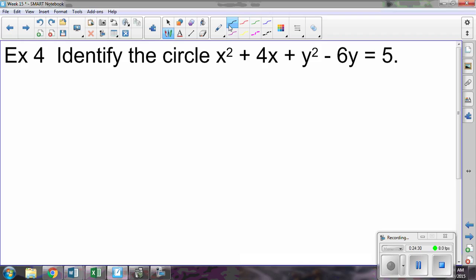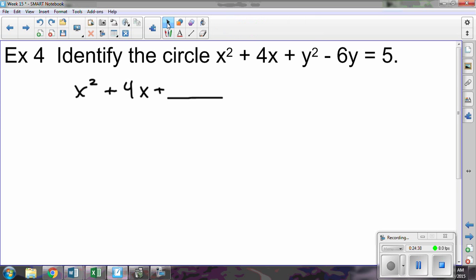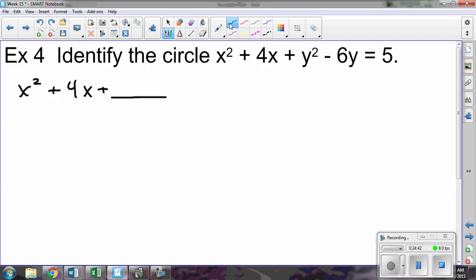Well, if we're going to get that, we need to change it from having 2 occurrences of x down to 1. And in order to do that, we're going to need a perfect square. So we will need to complete the square on the x's. Likewise, we will need to complete the square on the y coordinate.